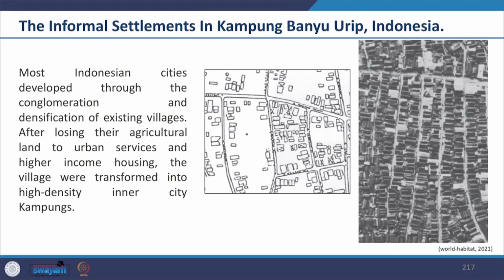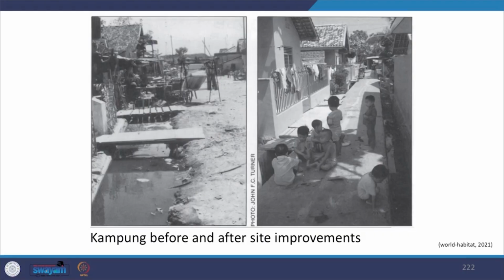The intervention was taken here, and in this picture you can see the housing in Kampung before and after, how the intervention took place. Here you can see this. So how the interventions really bring changes, transform the environmental condition and also the life of the people.